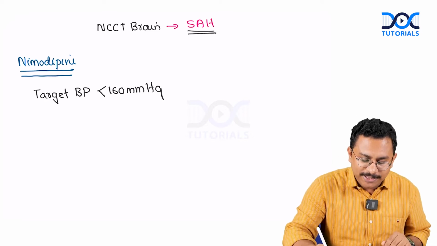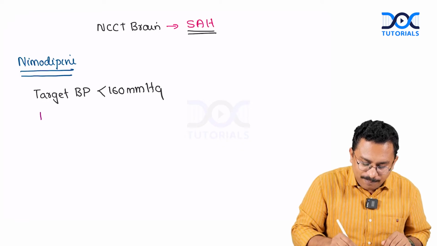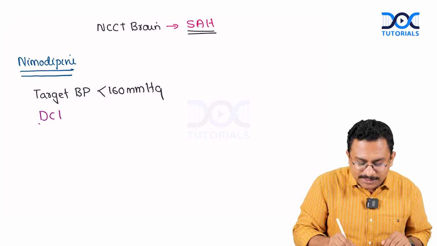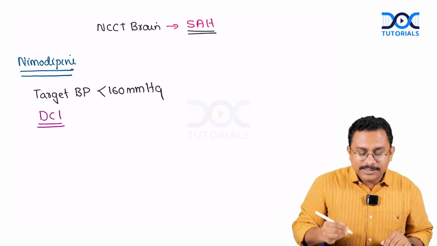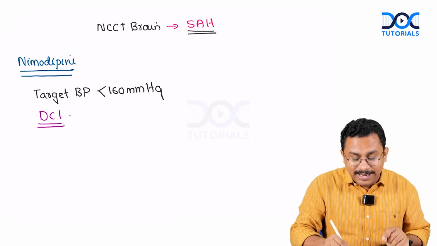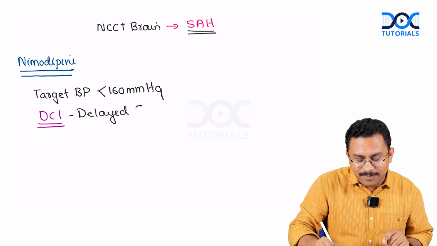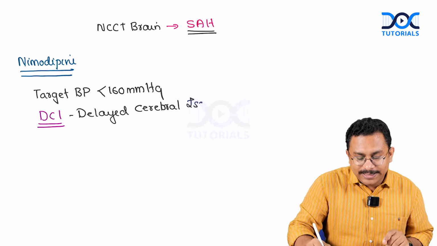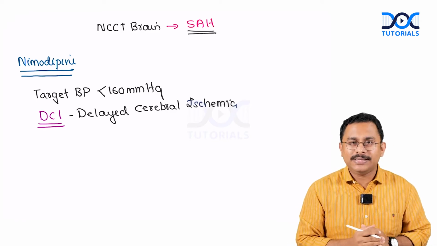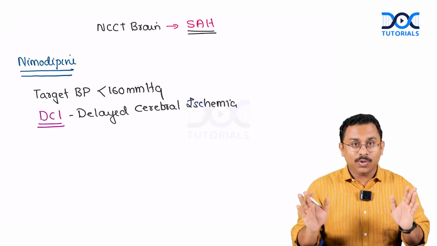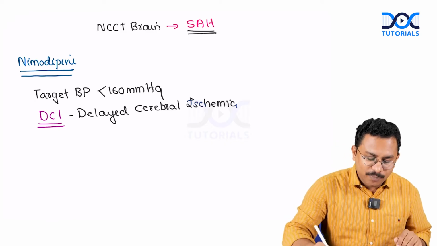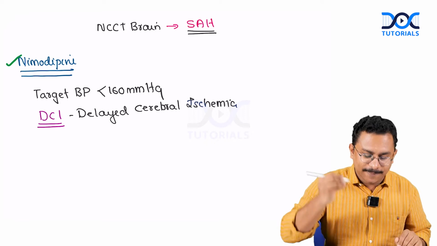But more importantly, nimodipine will also help in preventing a dangerous complication of subarachnoid hemorrhage, which is delayed cerebral ischemia. Delayed cerebral ischemia, which occurs due to vasospasm, is often an important complication of subarachnoid hemorrhage. No doubt about it, and for that, nimodipine has its utility.